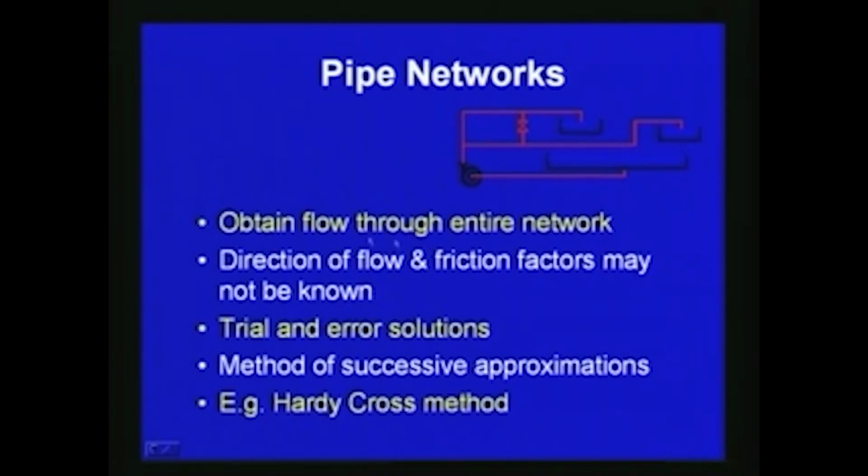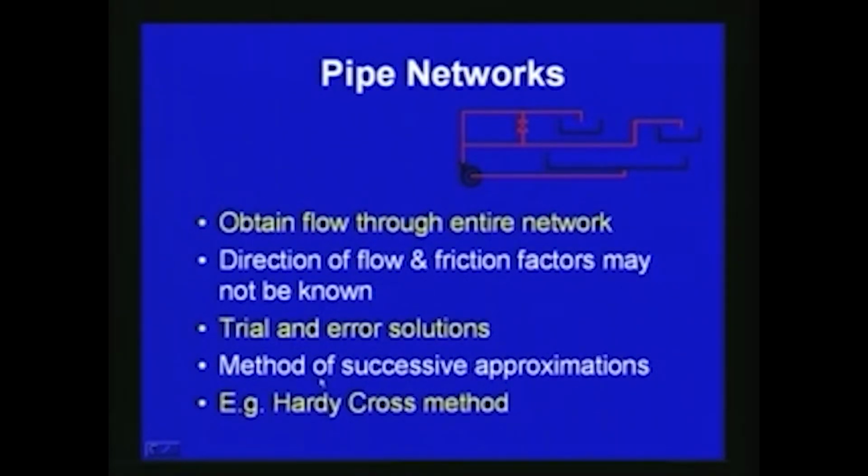Some of the major challenges include that we may not know the flow direction, and also if the friction factors are not known, then it will be more difficult. So, to solve these kinds of problems, we go for trial and error solutions. The system is so complex that we may assume the direction of flow, and by writing the basic equations we start, assume the flow directions or some flow values, and then go for trial and error solutions.